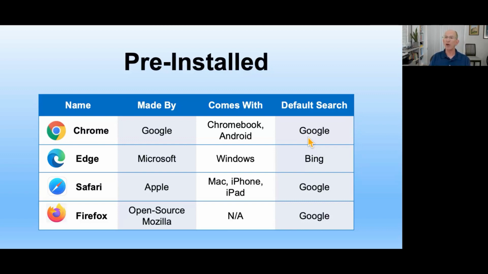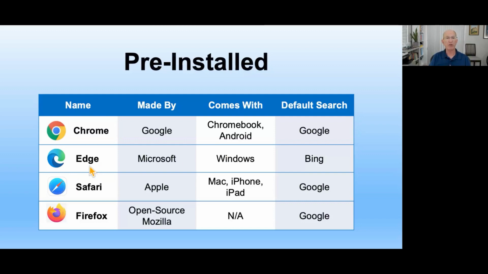But the default search, the way it's set up when you install Chrome, is Google Search. And Google likes you to use Chrome because it has Google Search built into it. When you use Google Search, you see ads from Google, and Google makes money by displaying ads when you browse the internet. So that works with their strategy.